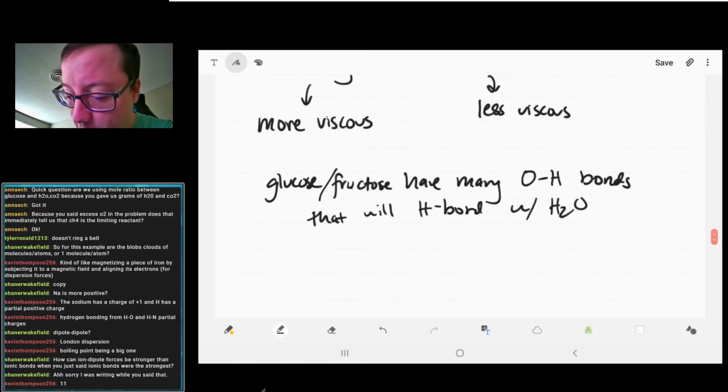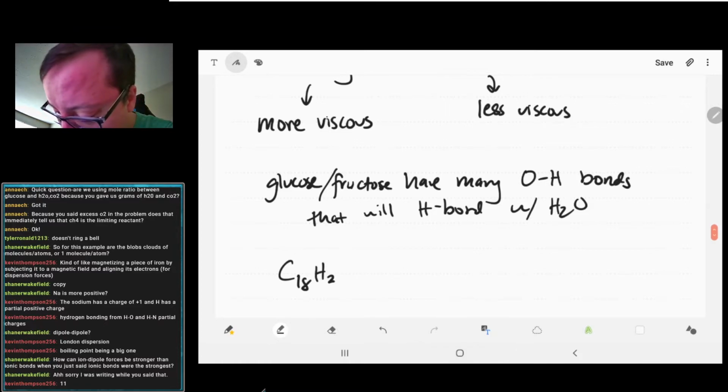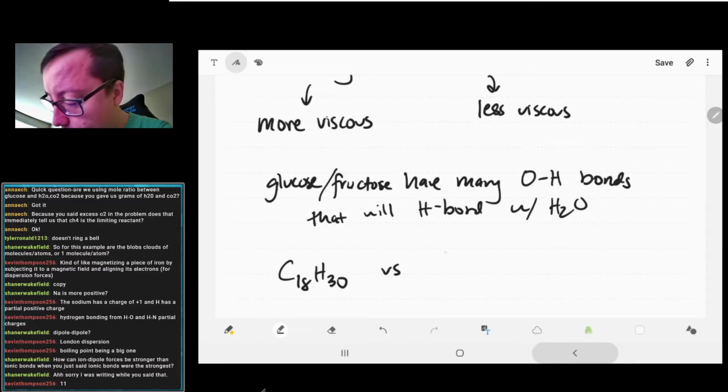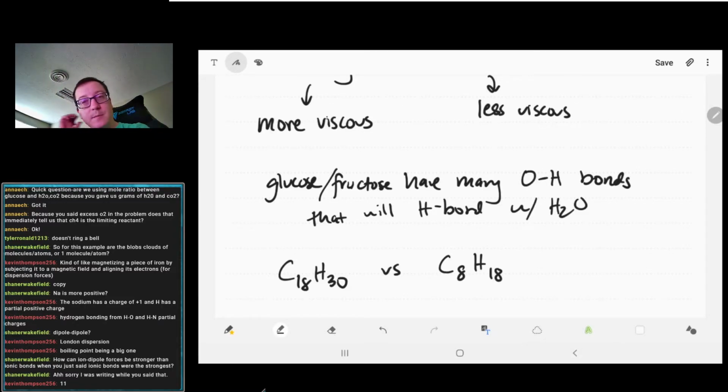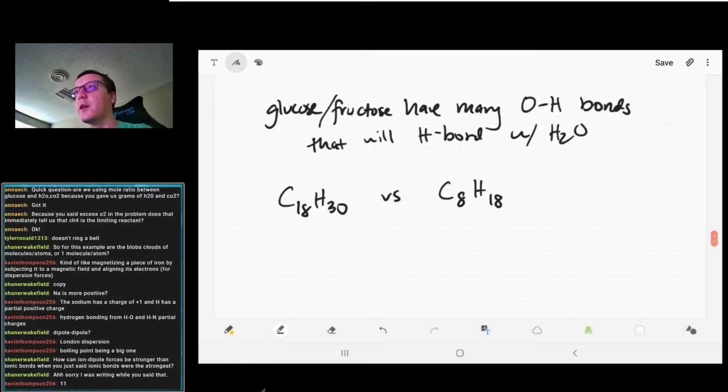Perhaps something a little bit more appropriate for us. Let's compare these ones. Which one do we think is going to be more viscous than the other one?